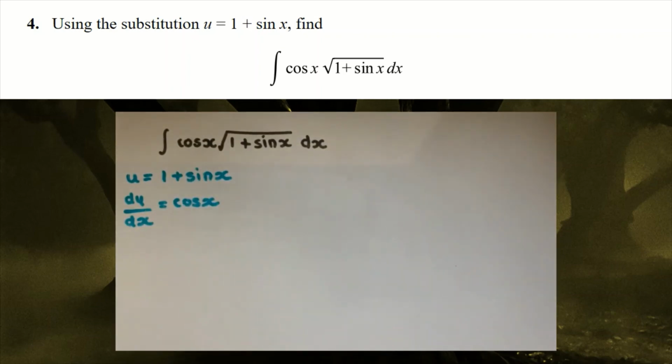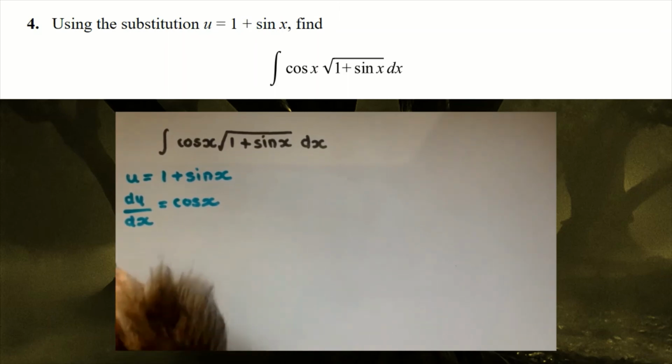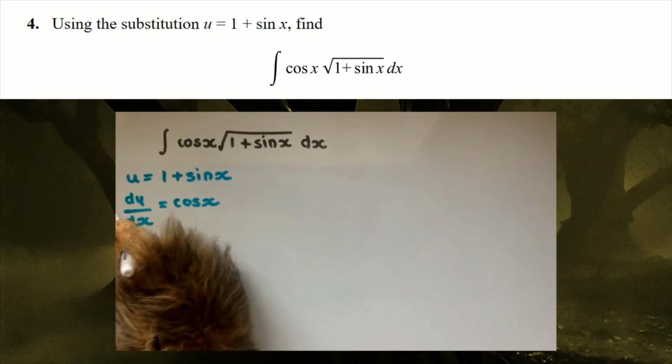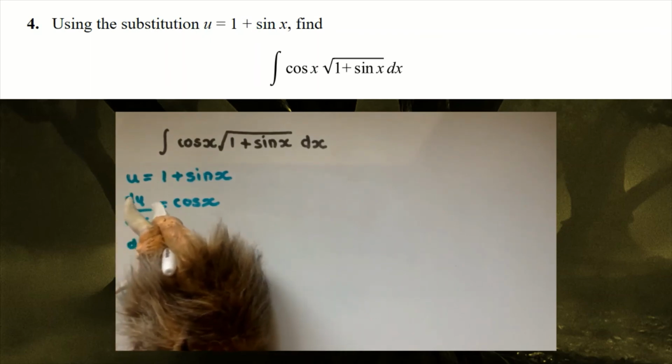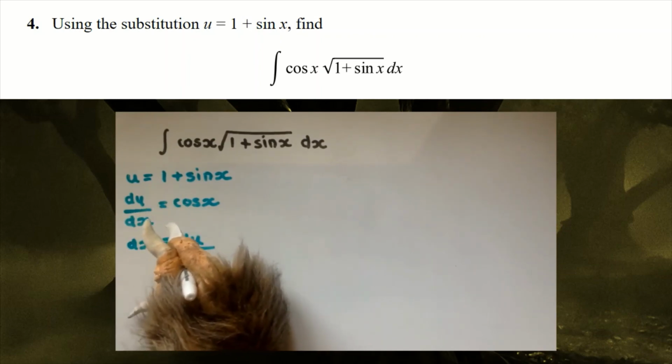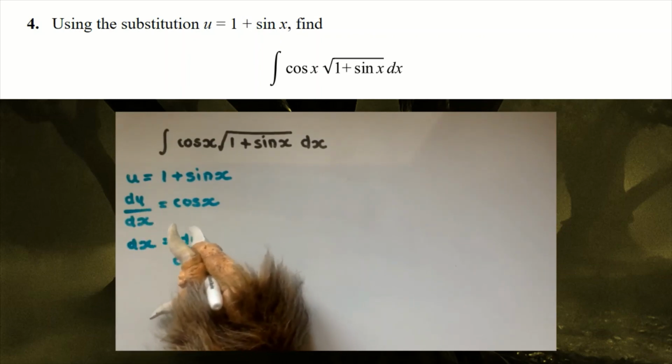That's the first step. The next step is to make dx the subject of what you have just found. So just a case of rearranging now. So dx is going to equal du divided by cos x.